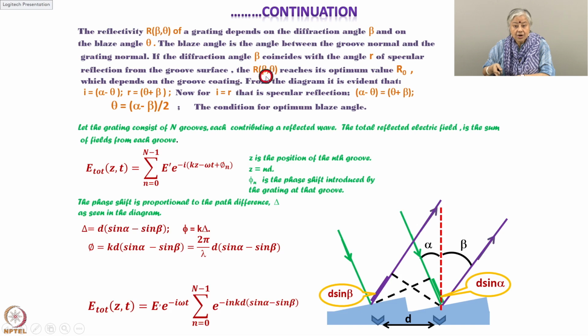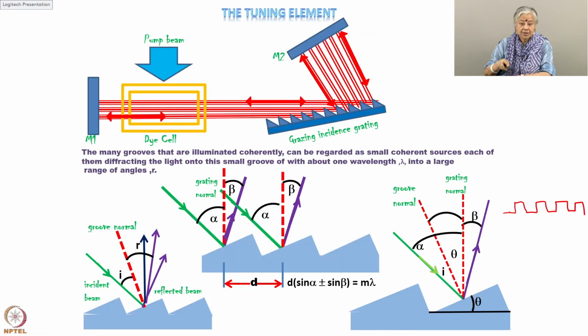Now, I have put in all these words. What it actually means is, see here I will just get a normal reflection. If theta and beta coincide, so my diffraction is such, here these two lines are the diffracted rays.